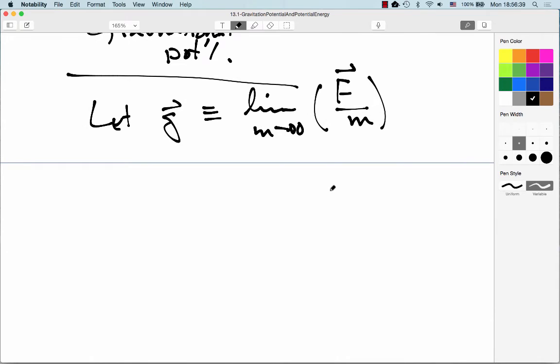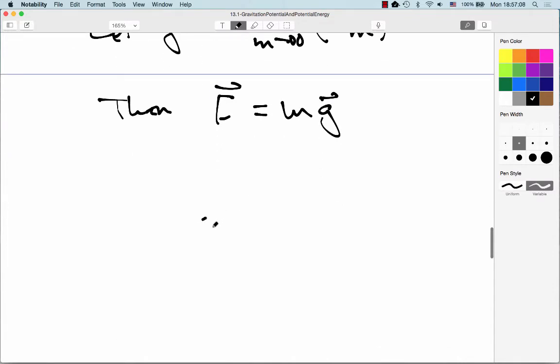Then again, we want the test mass to be so small as to not move around the other masses, at least over the time scale we care about. So once we have that, then if later I choose to put a mass at some location, the force that that mass would feel would be its mass times the gravitational field intensity at that location.